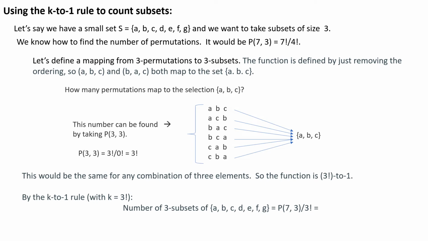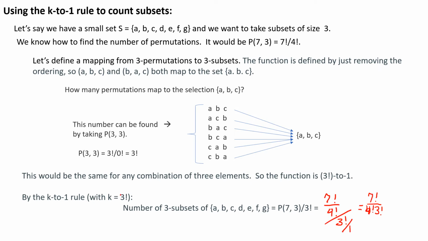So therefore, how we would count the subsets would be to take the number of permutations and divide it by this k, which is 3 factorial. All we did again was take the number of permutations divided by 3 factorial, and that gives us the number of subsets because we know of this 6 to 1 correspondence.